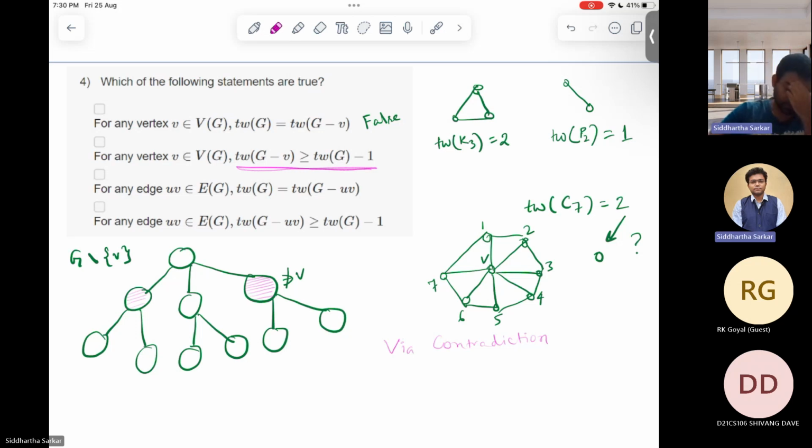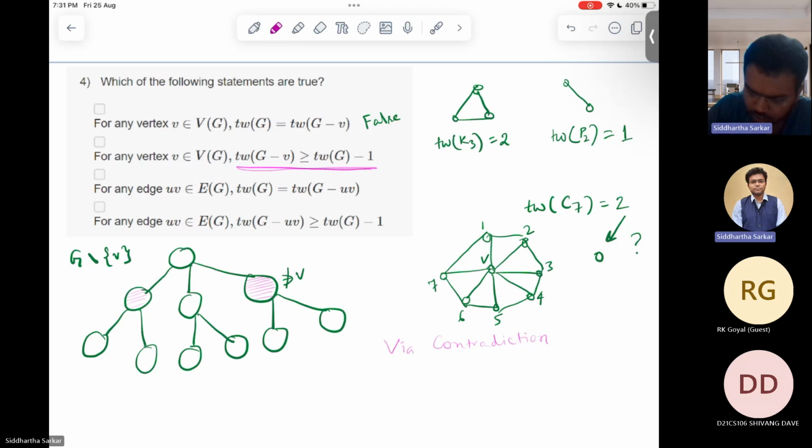So there was a bag containing so many vertices, and now the largest bag doesn't contain even that size minus one. I mean, the largest bag size has dropped by 2, and then you arrive at a contradiction. So you make an assumption to the contrary and arrive at a contradiction. That is another way of approaching it. But for the sake of time, I will not go that way because I'll solve one more question today.